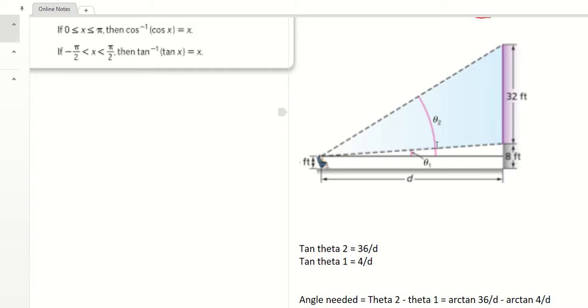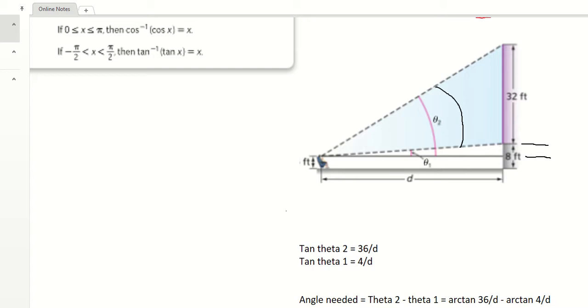So the total angle is theta 2. We have to subtract theta 1 from here. That is the difference between his or her eyes and the bottom of the screen. This angle we have to subtract, theta 1 from theta 2. So we need to calculate this angle, which is the difference theta 2 minus theta 1. So what is theta 2?